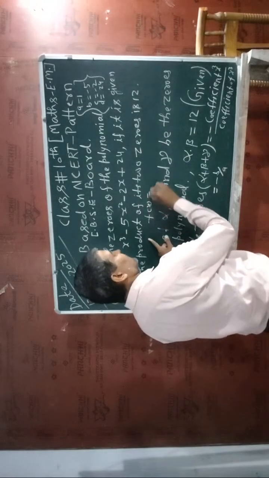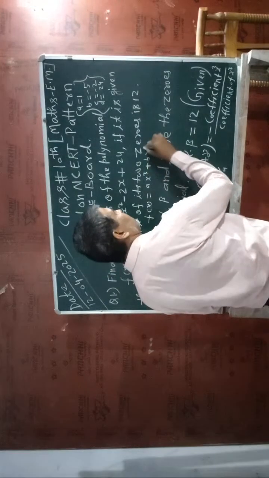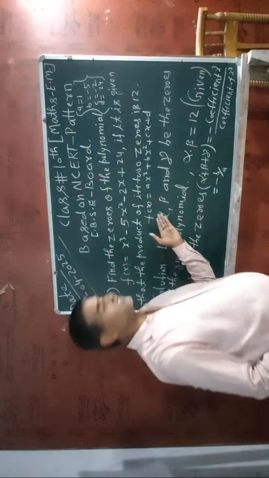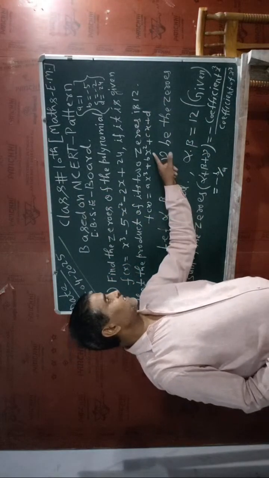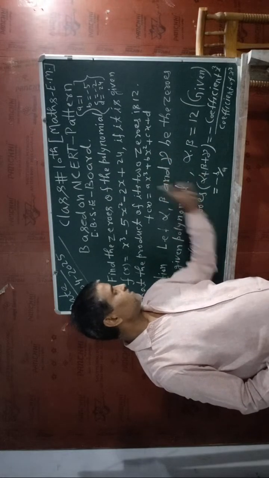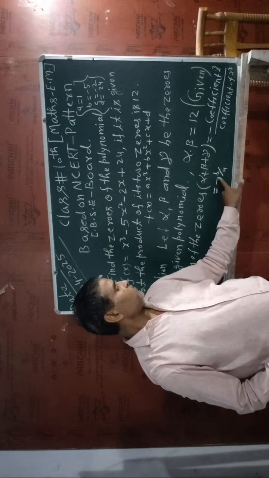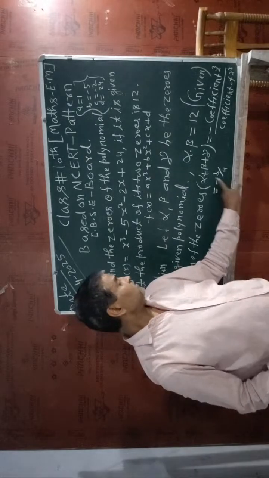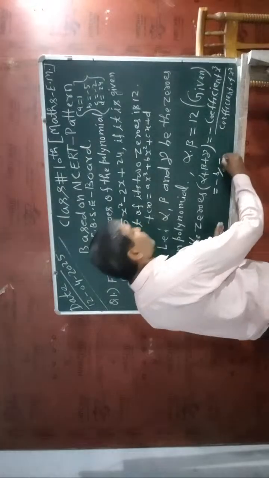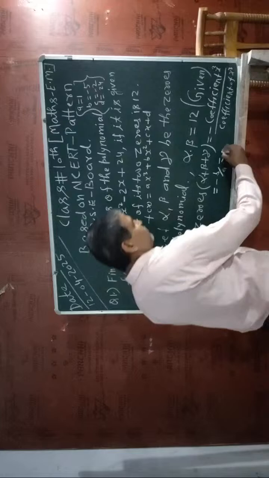In other words, we have the general polynomial ax cube plus bx square plus cx plus d. The coefficient of x square is b, and the coefficient of x cube is a, so it is minus b by a.